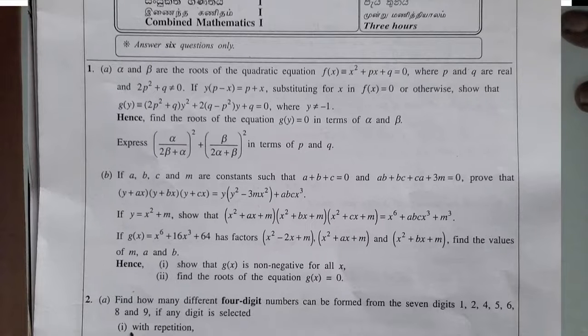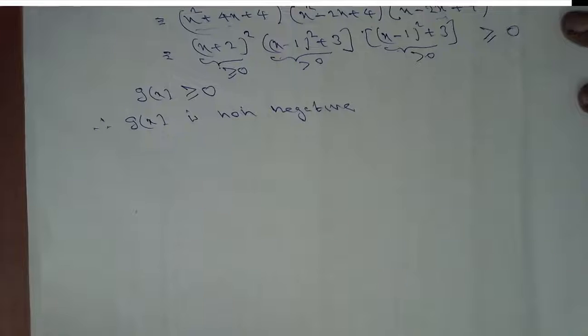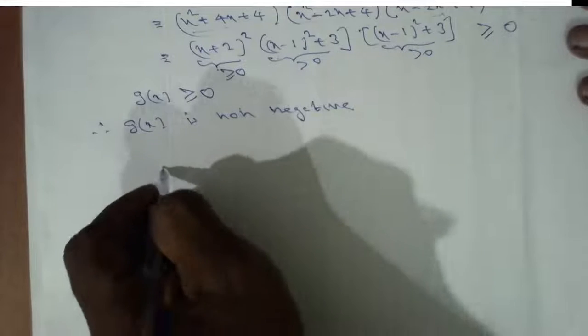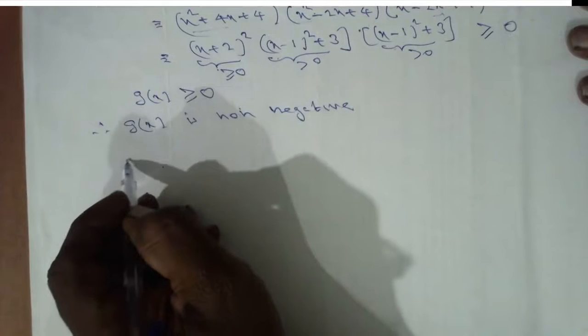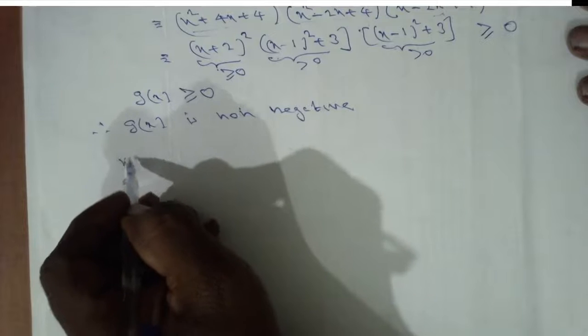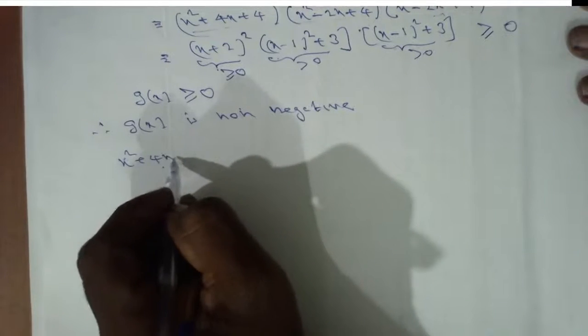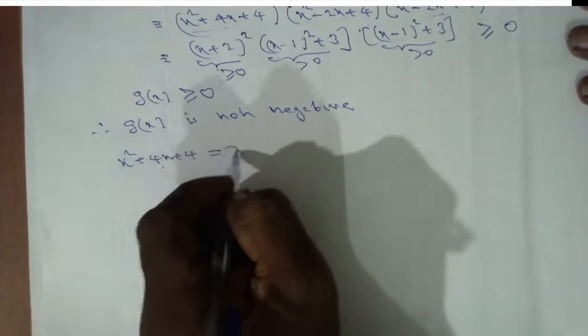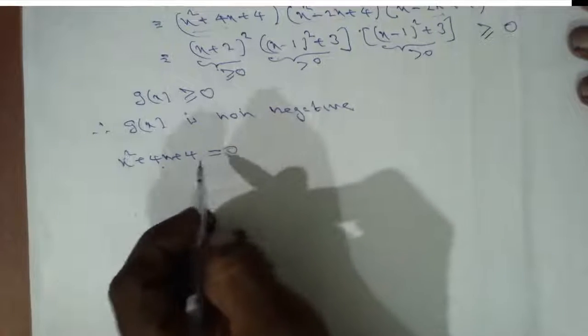And find the roots of the equation g(x) equals 0. Then the roots are given by x squared plus 4x plus 4 equals 0. The other factor is positive, so it cannot be 0 for any value.